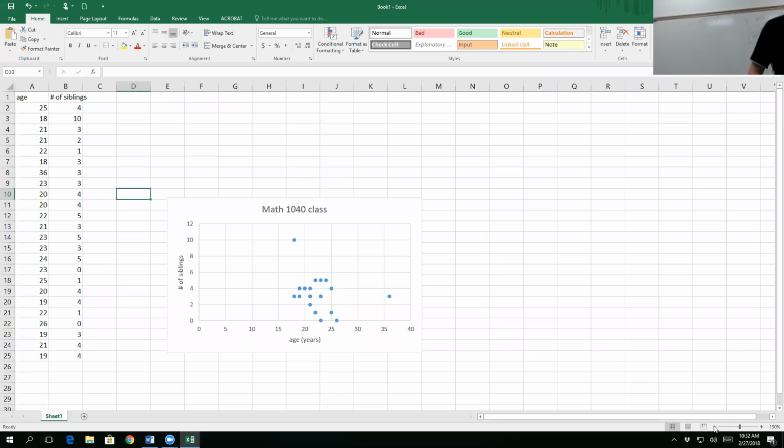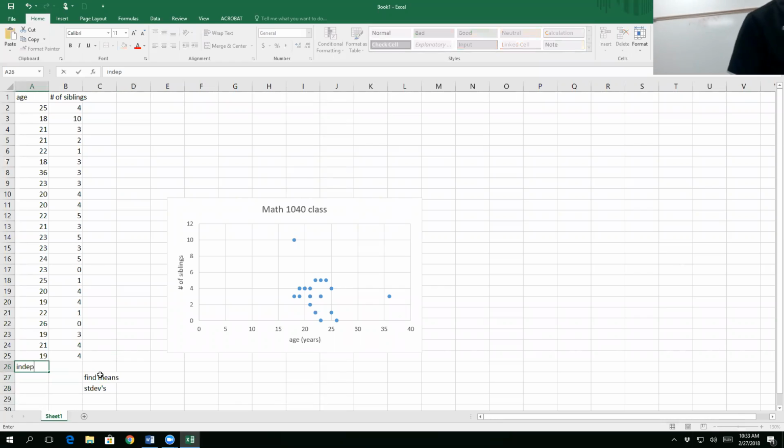Now, what's the first step that I need to do? Find means and standard deviations. Okay? So by the way, what's the independent and the dependent variable, according to the way we've drawn it here?